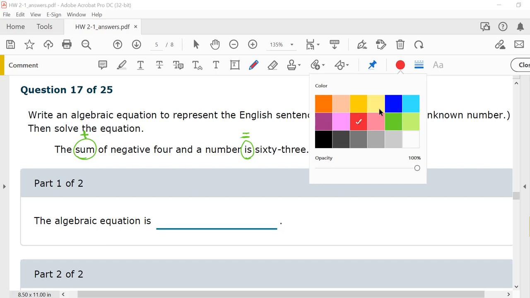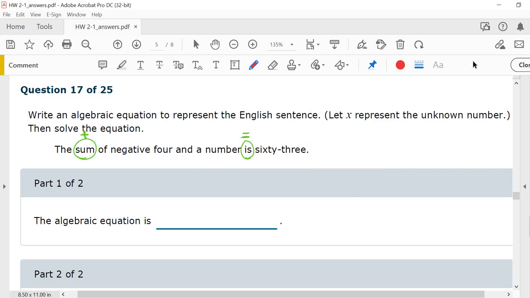Okay, here we go. The sum, what are we summing? -4 and a number. So those are the two things we're adding up, and it is 63. So here's the sum of -4 and a number.